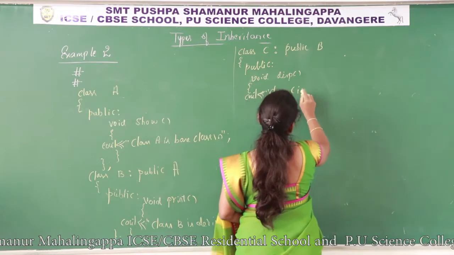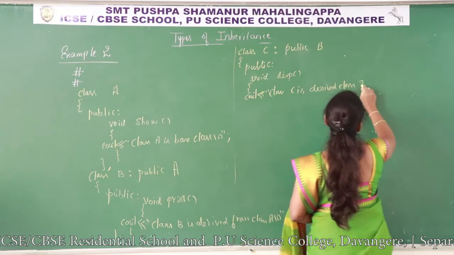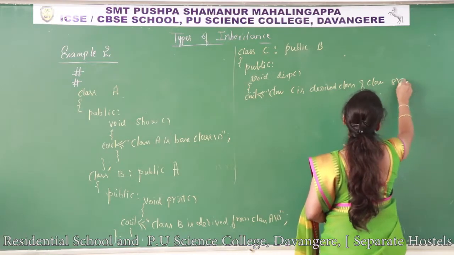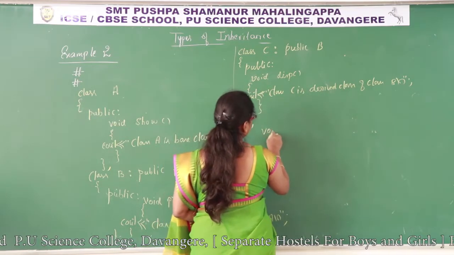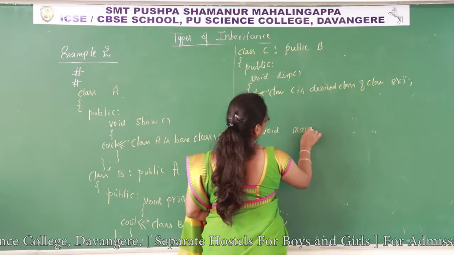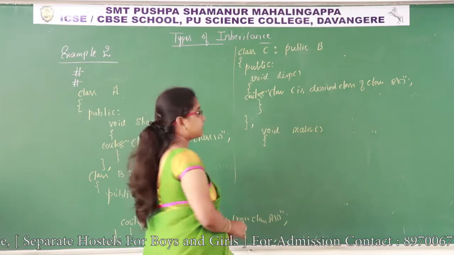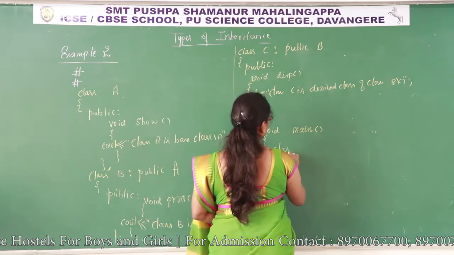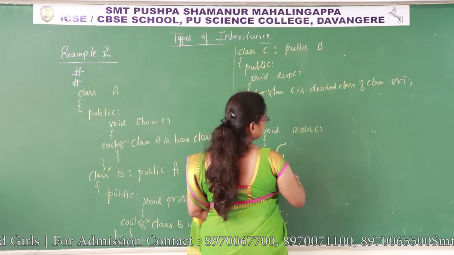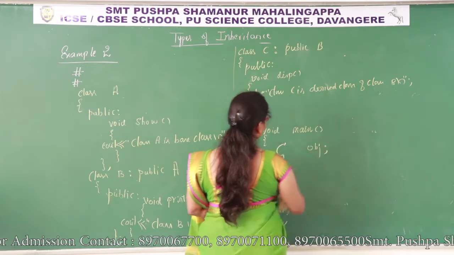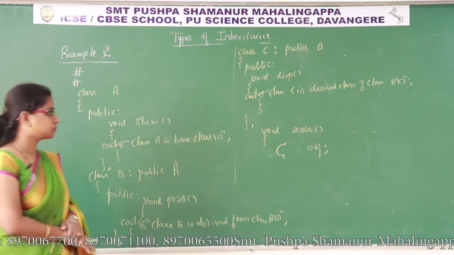Class C is the derived class of class B. Now void main. So I will create an object for class C. The name of the class is C. Obj is the object name. Don't get confused with this; I have taken a letter for the class name.